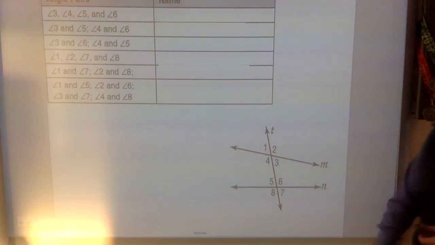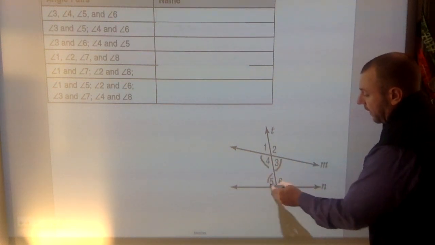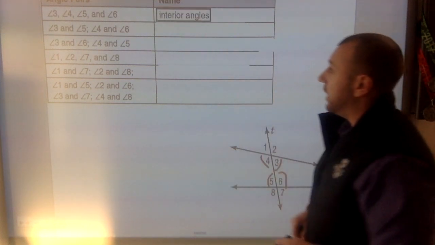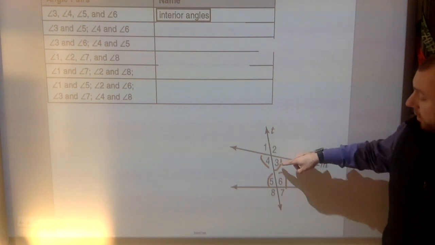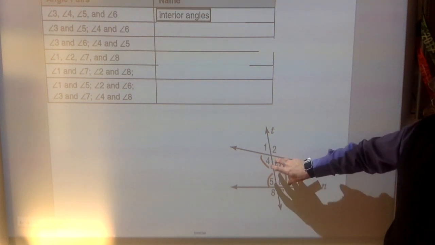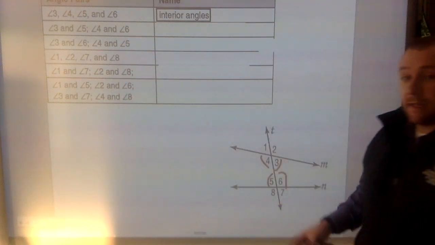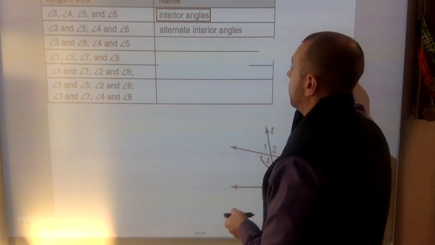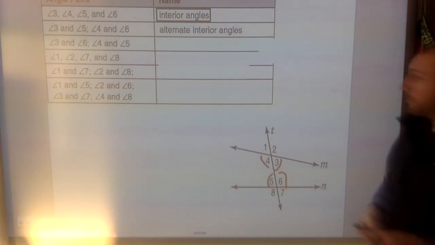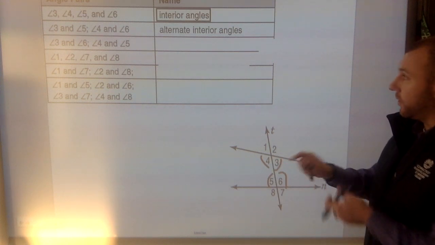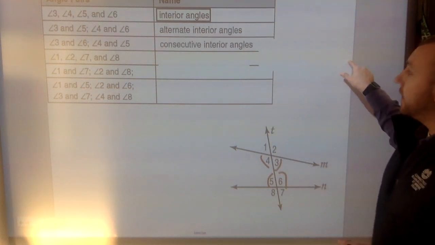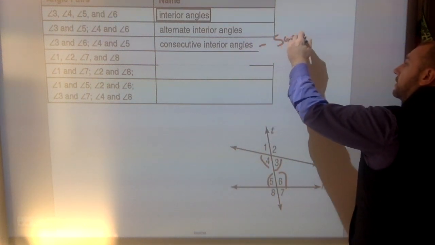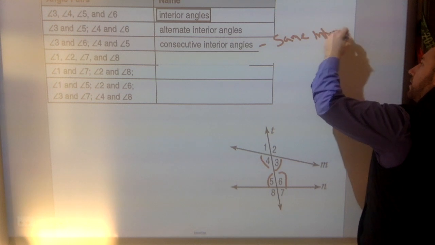So if I'm looking, 3, 4, 5, and 6, they're all on the inside, so those are interior angles. 3 and 5, 4 and 6, they're on the inside, we just established, but they're on the opposite sides of the transversal. Those are alternate interior. 3 and 6, 4 and 5, those are what they call consecutive interior or same side interior angles.